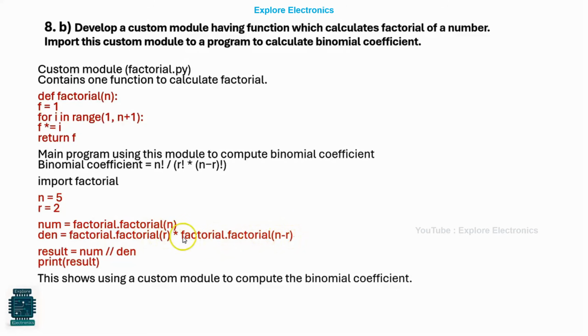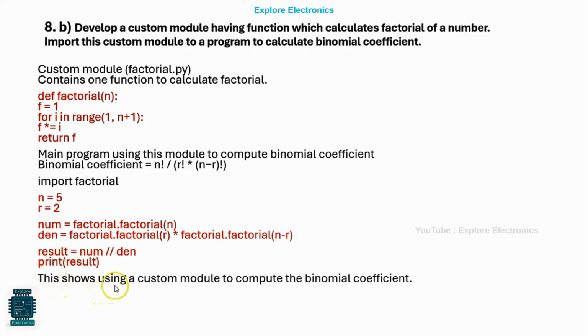We have to calculate this because it is there in the formula. Here it will calculate the factorial of r and multiply it by the factorial of n minus r and store it in the variable denominator. Result is equal to number divided by denominator, which performs the integer division of number by denominator to find the final result. Clear?